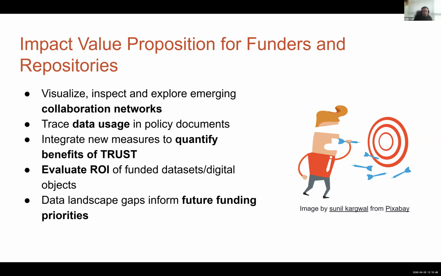ROI and future funding priorities, I'm just going to combine them here so we can keep things moving. When you're running a repository, and I'm sure those of you who are on this webinar right now who do this are getting asked multiple questions about how do you demonstrate the value of your repository and how do you demonstrate the ROI?